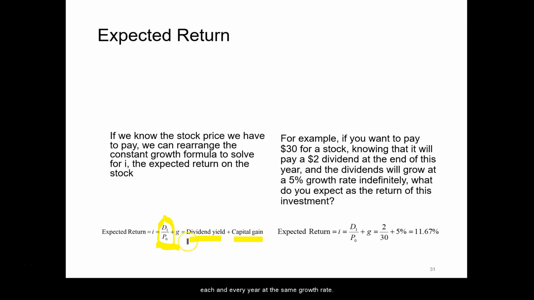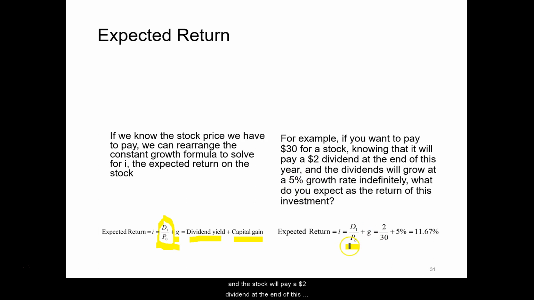It will go up by the same growth rate of g, and that's why the capital gain yield is also the same as the dividend growth rate for stocks that have constant growth in their dividend. So now, if we look at this example, we are paying $30 as P0 for the stock, and the stock will pay a $2 dividend at the end of this year, which is D1, and the dividend will grow at about a 5% growth rate.